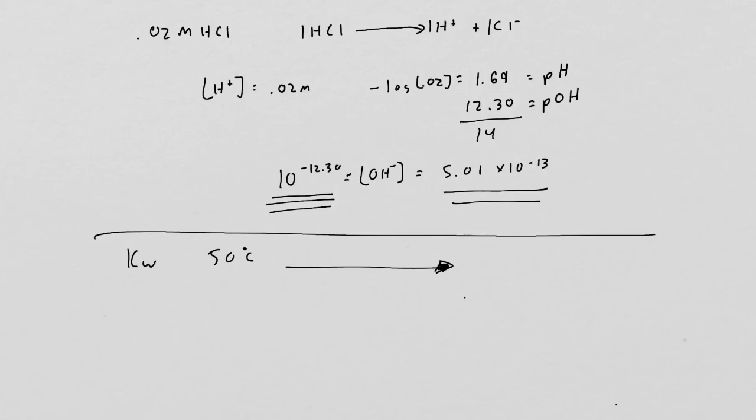It's on one of the worksheets. When you try to figure it out, if you do 0.02 molar HCl, H+, and you plug that in there, they don't multiply out to the same number, so you get a different value for the hydroxides and a different value for the pOH, because they don't add up to 14 anymore. They add up to a different number. I'll stop there.